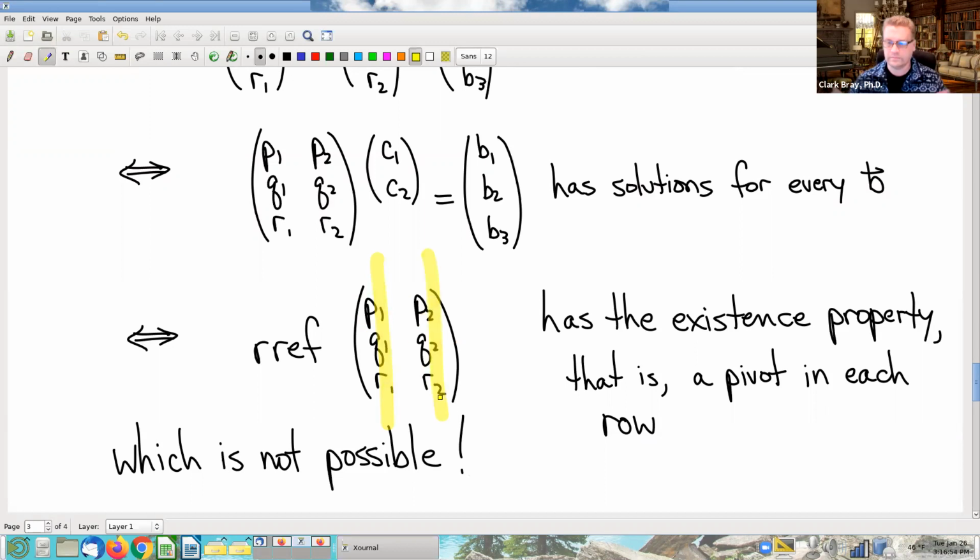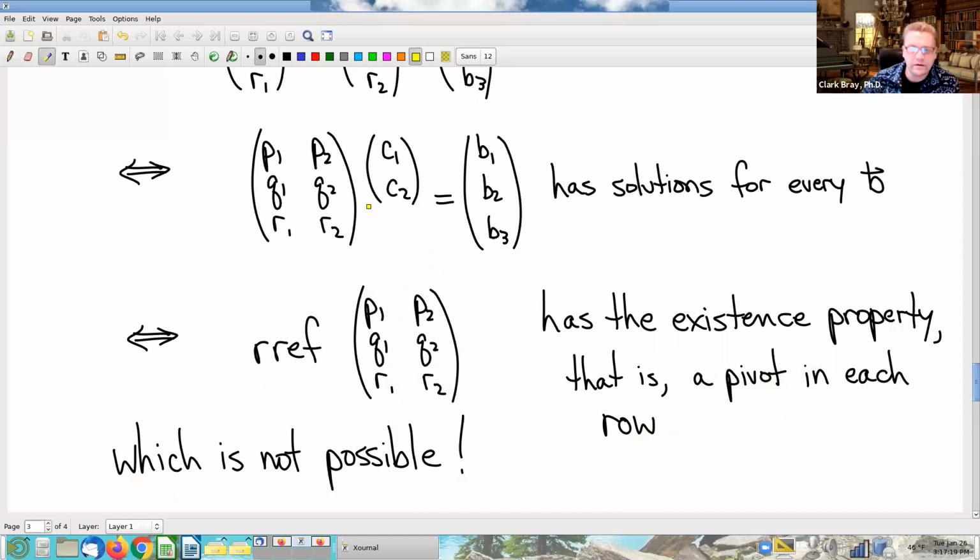You can have only one pivot per column. So it's immediately clear that I have at most 2 pivots. And if I have 3 rows, I cannot possibly have a pivot in each row. It's just not going to happen, right? So I cannot have the existence property, and therefore it is not possible for these vectors to span.